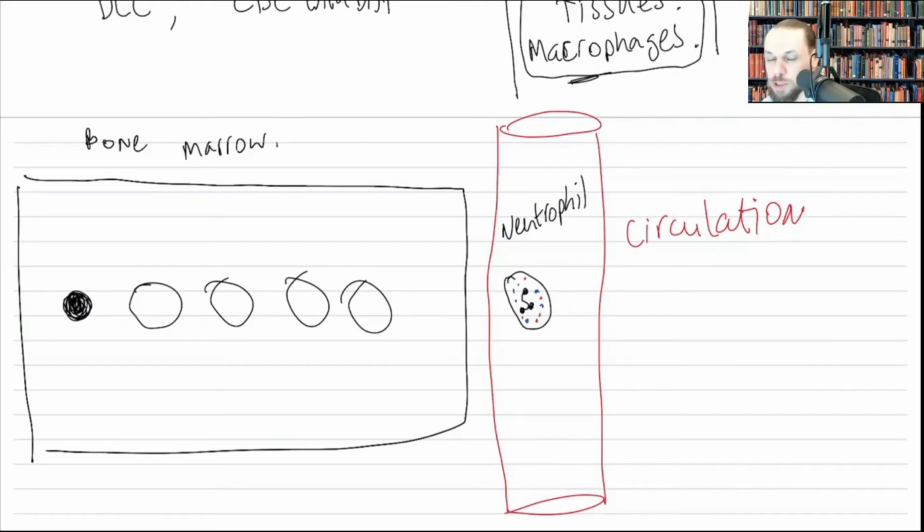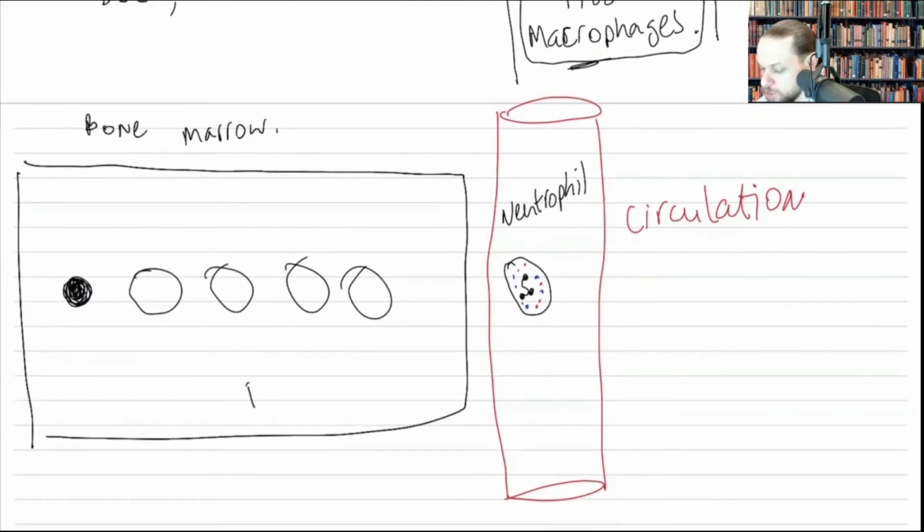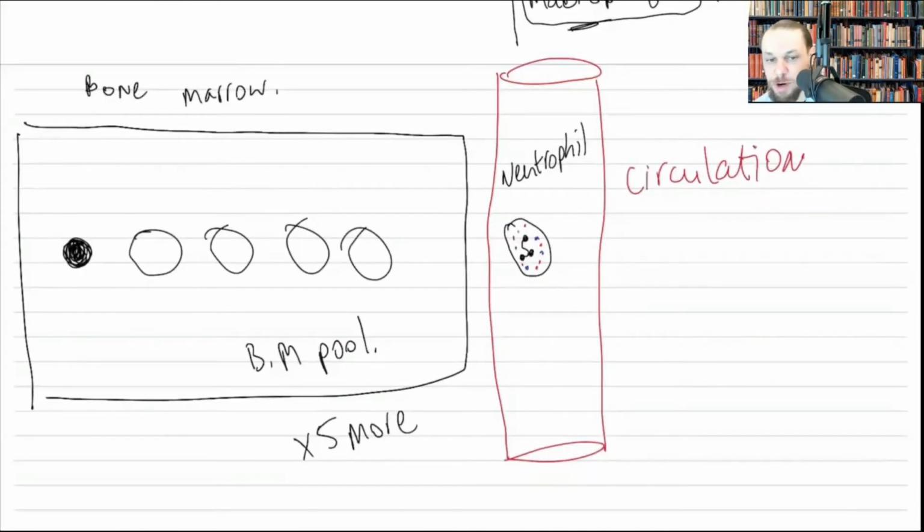But what's important to know is your bone marrow pool. So we're going to say this is your bone marrow pool of these cells. It has about 5 times more of these white cells as opposed to the circulation. So the circulation has 5 times less of these cells circulating.